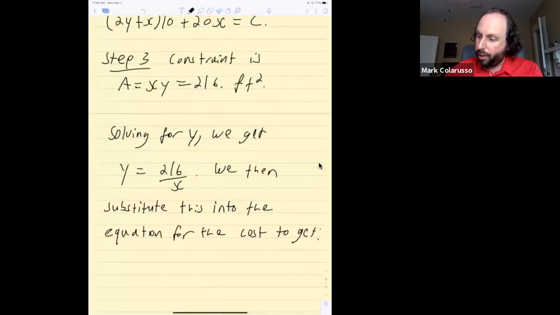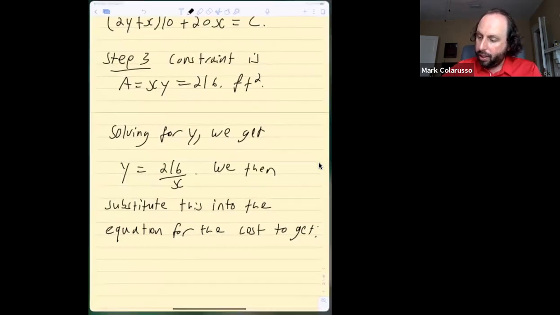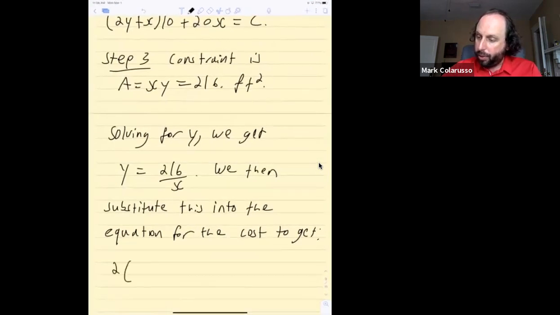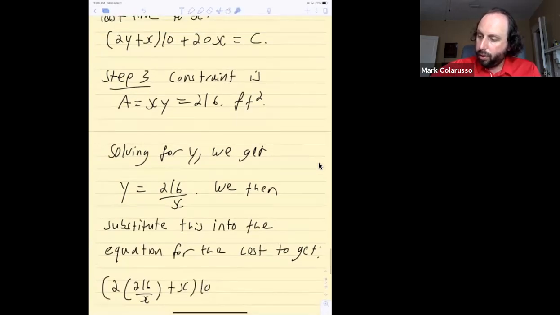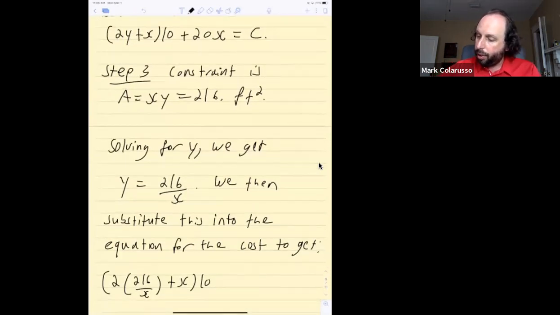Let's see, so we substitute in the equation for the cost to get 2 times 216 over x plus x times 10. So just putting in for y here, plus 20x equals the cost as a function of x.